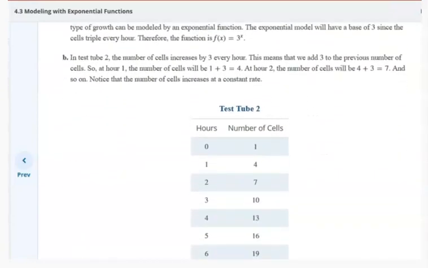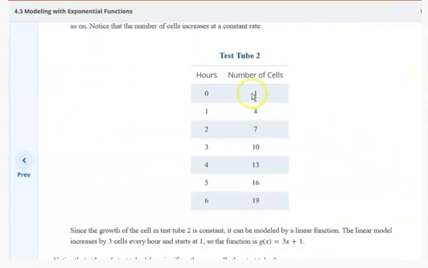While as we look at test tube 2, we're adding 3 each hour. So we have 1, 4, 7, 10. Notice this growth is so much slower and results in a straight line, while the previous one results in that curved exponential kind of growth.